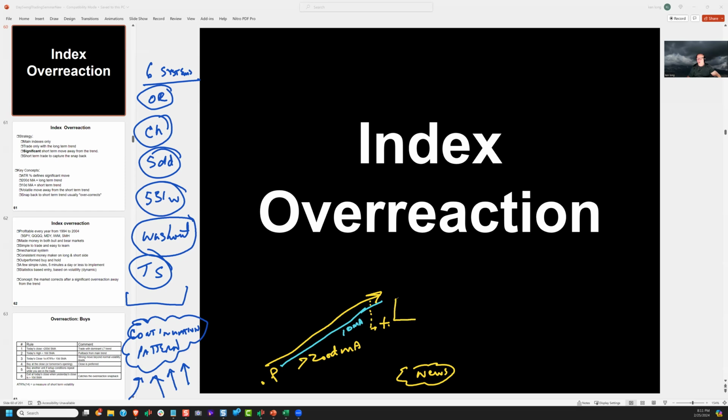What we're looking for is a sell-off of 1 ATR. That the overreaction because of that news event moved it from the last close at least 1 ATR below the 10 period moving average.